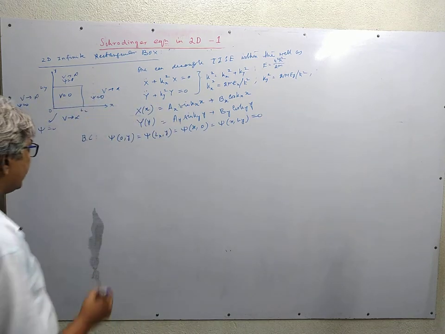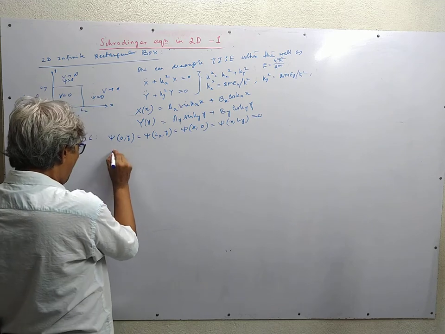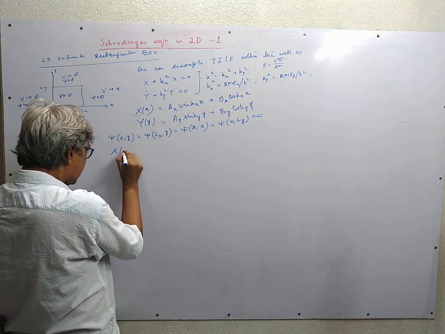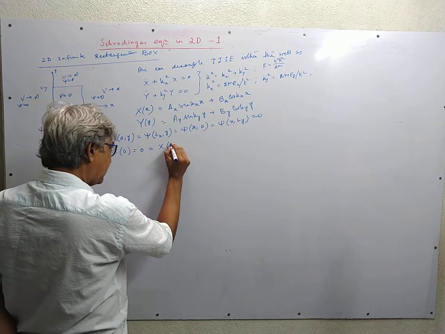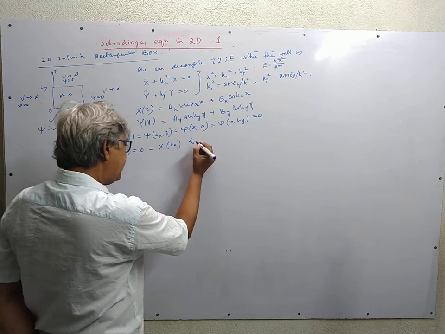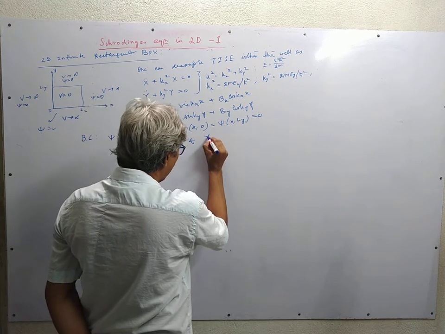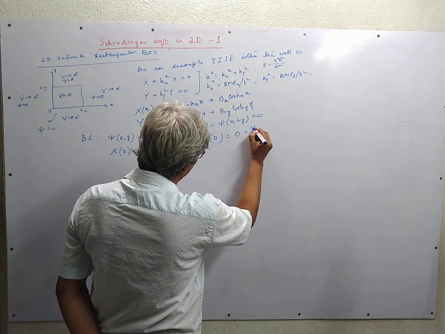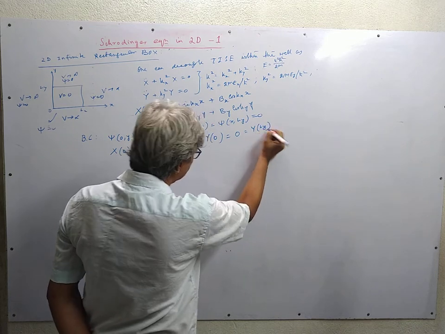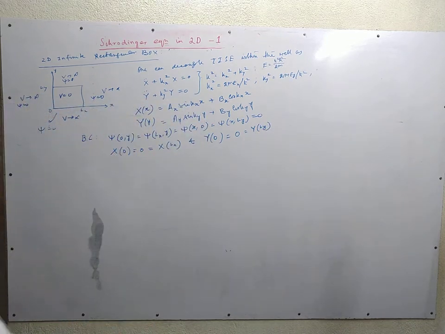If we write the boundary condition in terms of the X and Y functions, it is X(0) = 0 = X(Lx), and Y(0) = 0 = Y(Ly).